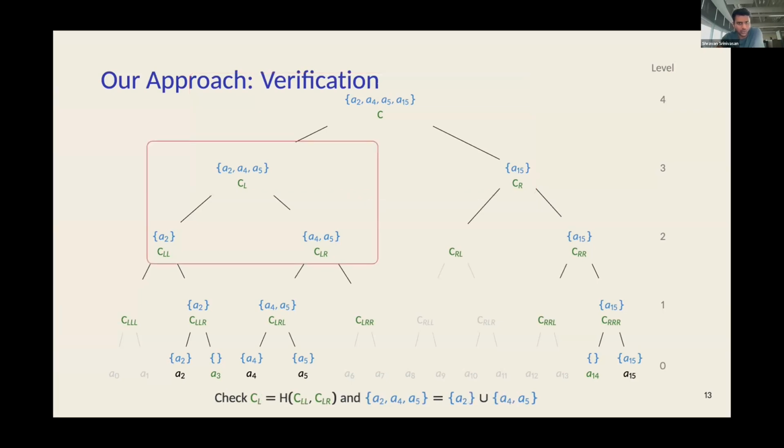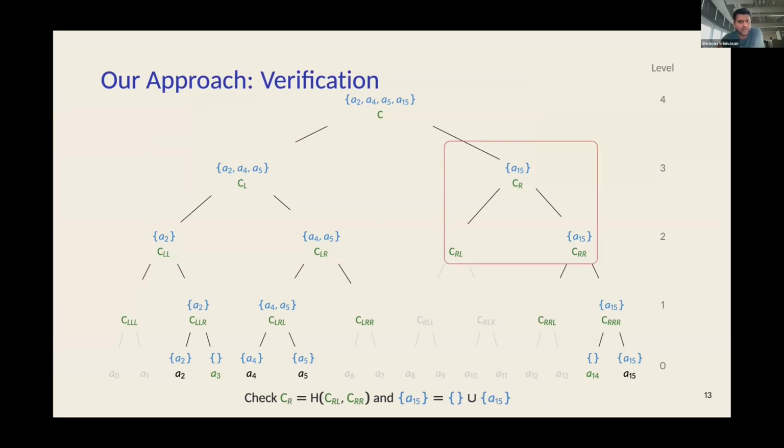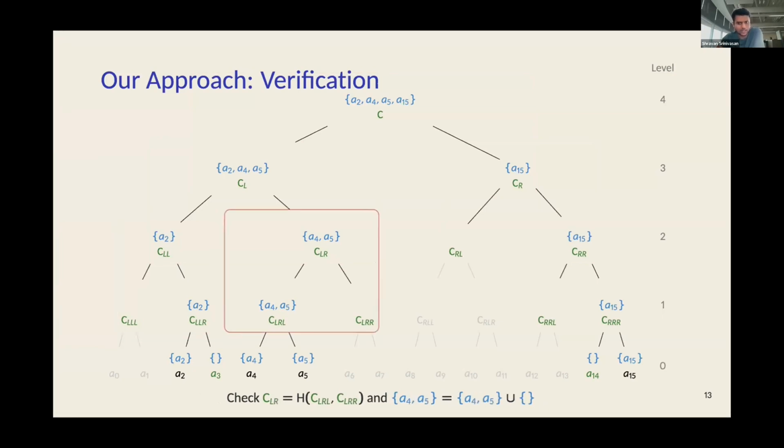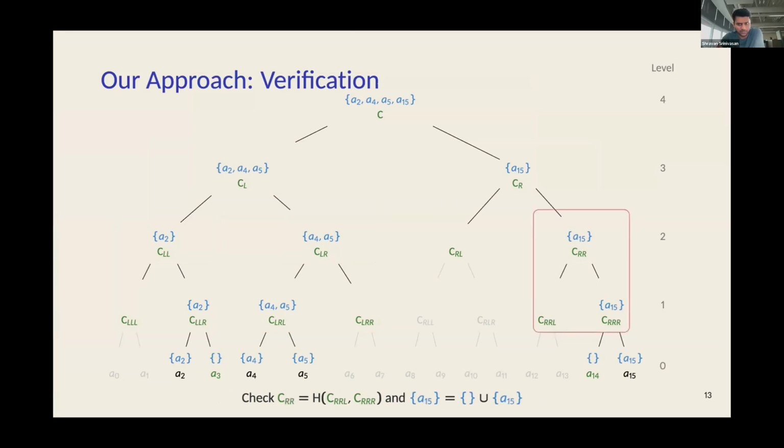We can do this recursively for all the nodes that are of interest to us, and at each position we make sure that the Merkle root matches, and that the information in the node subsets is also consistent. We can do this all the way to the bottom.